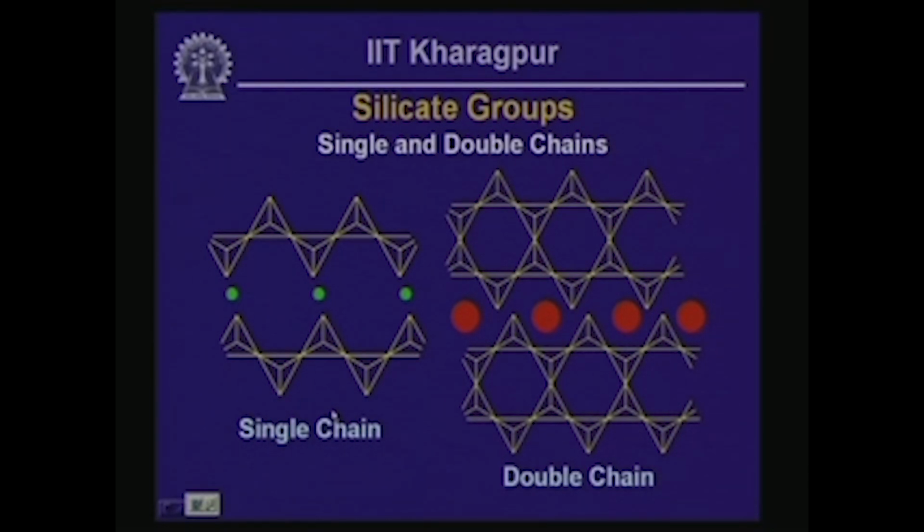Now, the first subgroup of the silicate group of minerals that we are going to consider here will be single chain and double chain.